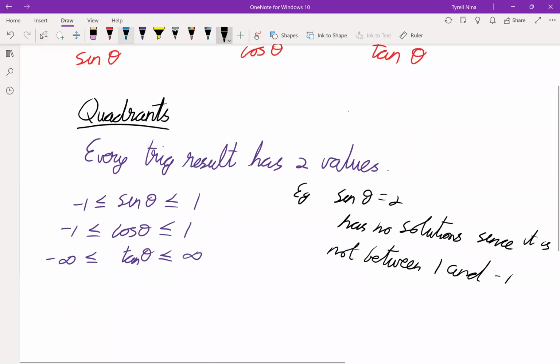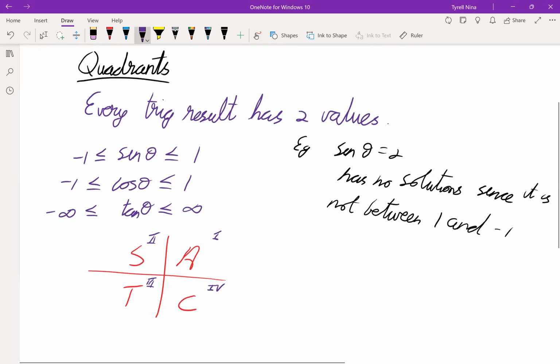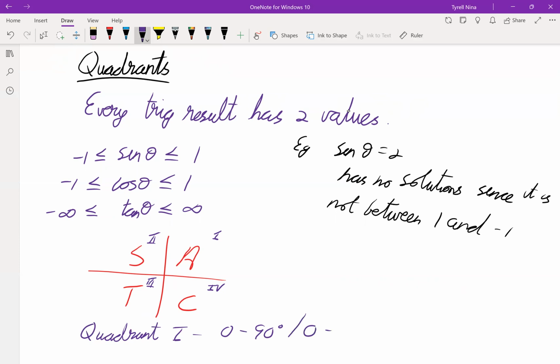Now the quadrants. So you write them like this: A, S, T, C. This is quadrant 1, 2, 3, 4. So quadrant 1 is 0 to 90 degrees, or 0 to pi over 2 radians.